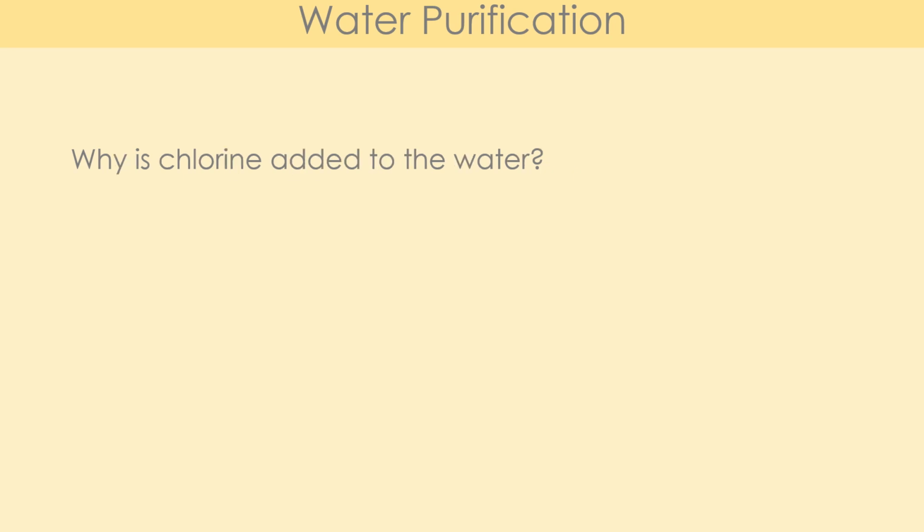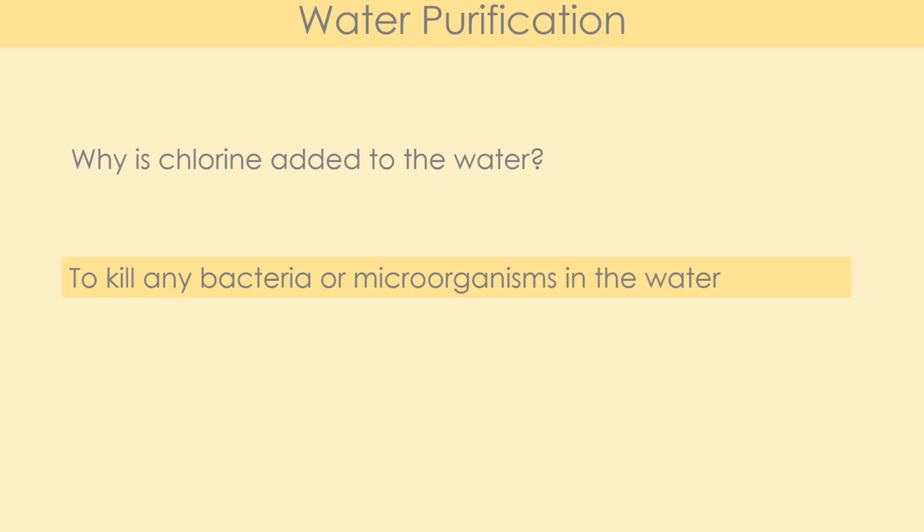Why is chlorine added to the water? Please pause the video. You should now only be watching if you've written down your answer to this question. And it is to kill any bacteria or microorganisms in the water. And that keyword there, to kill.